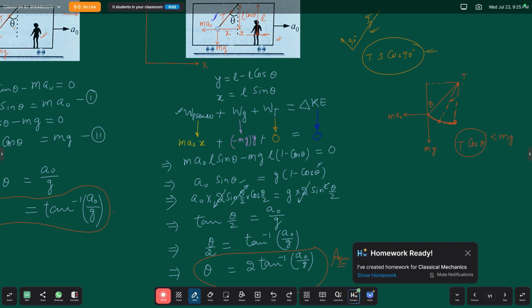But when it reaches here and velocity is zero, suppose theta 1, then T sin theta 1 in the horizontal direction will be lesser than m a naught. So because of this pseudo force, it will go back again in this direction.